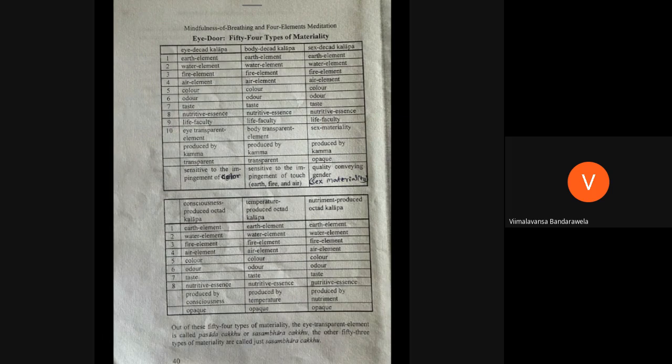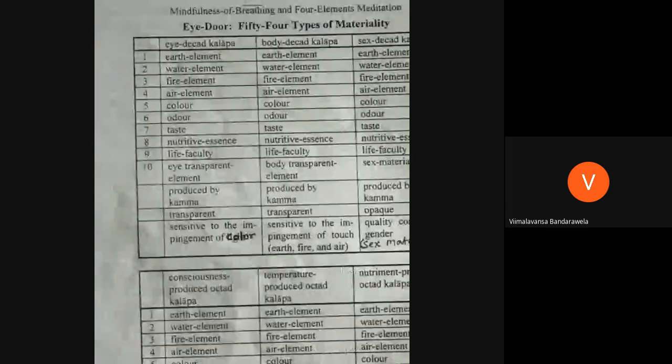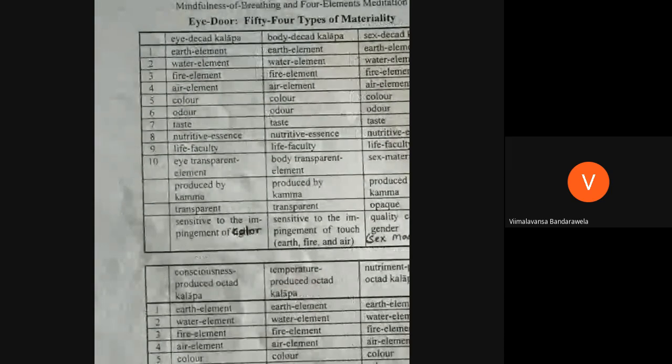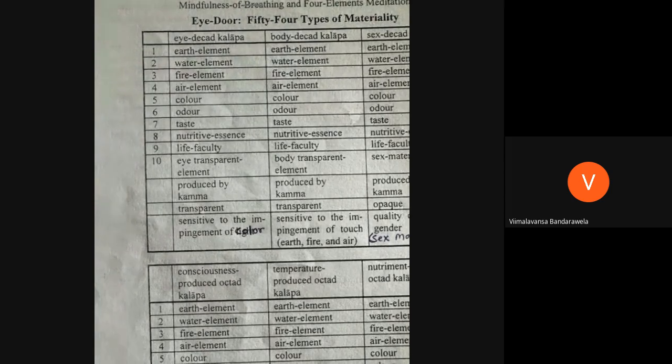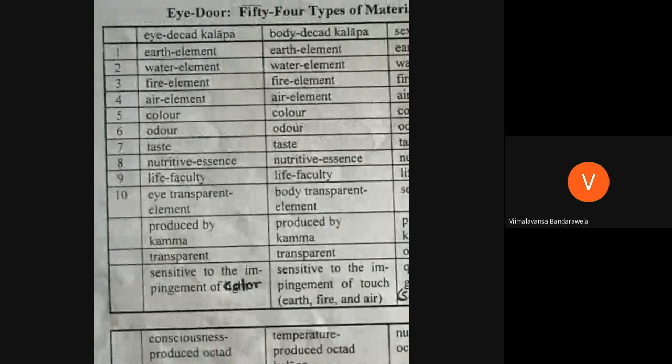Now we reach to the ear door. Ear door, Mr. Nilesh, can you take the ear door? This is eye door. Ear door. Take the ear door, maybe this side door. Yeah.